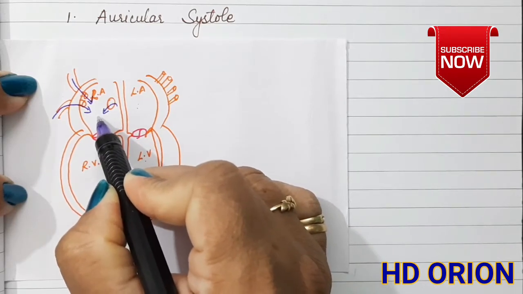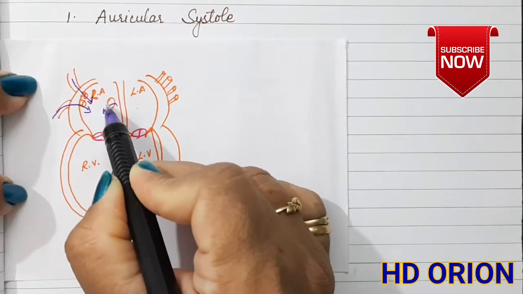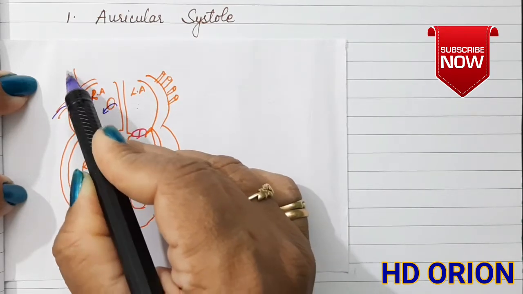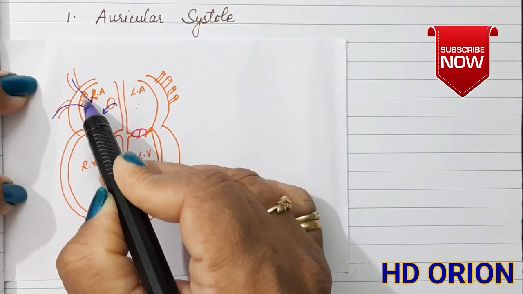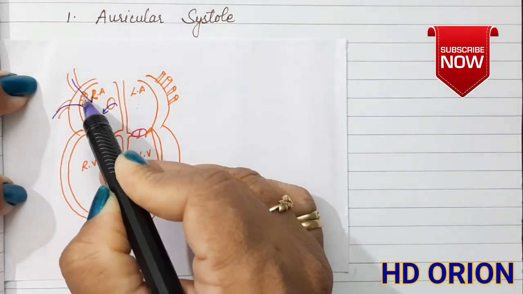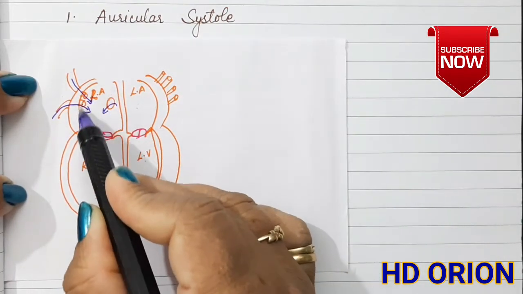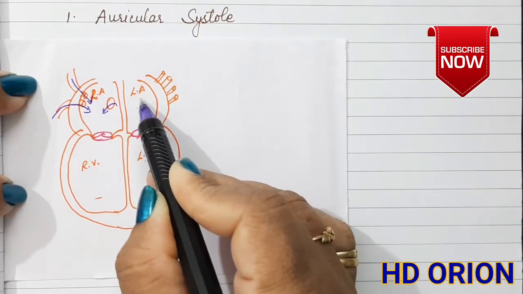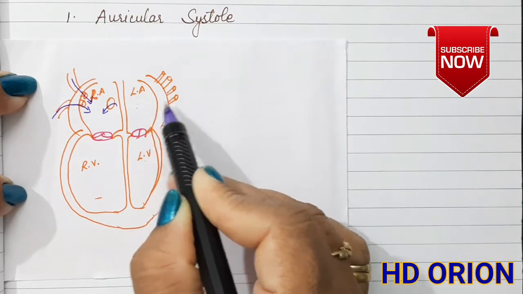Once the blood fills the right auricle, these two valves close, and the superior vena cava is present at an angle and therefore no valve is required. The right auricle is now filled with deoxygenated blood and the left auricle with oxygenated blood.